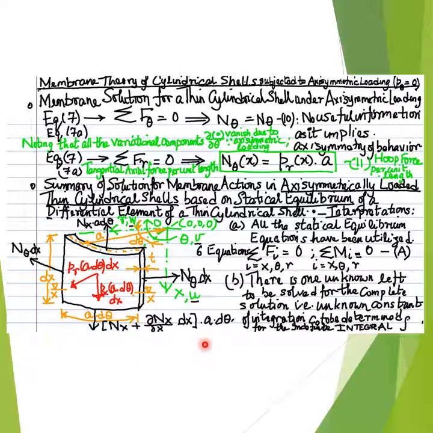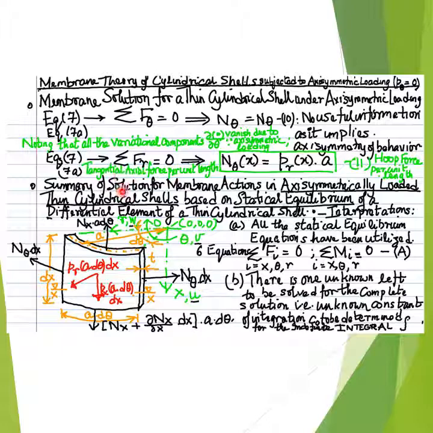Only variation that can exist is in the internal in-plane axial force acting in the longitudinal x direction, denoted as nx.